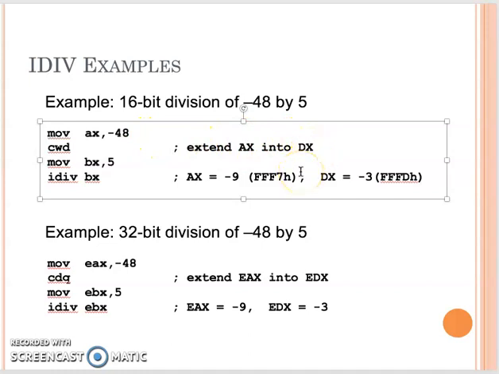The quotient is in AX and the remainder is in DX. The same goes for the 32-bit version: we use EBX for the operand, copy -48 to EAX, and call CDQ so EDX has the extension. The quotient is saved in EAX and the remainder in EDX.